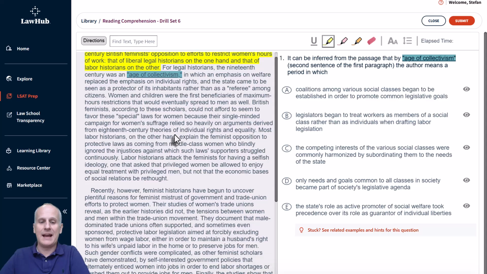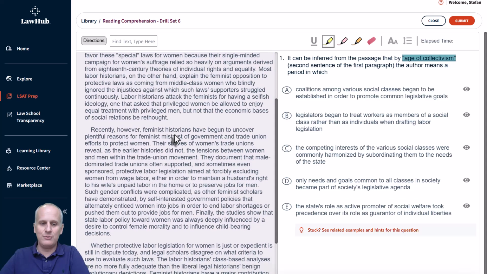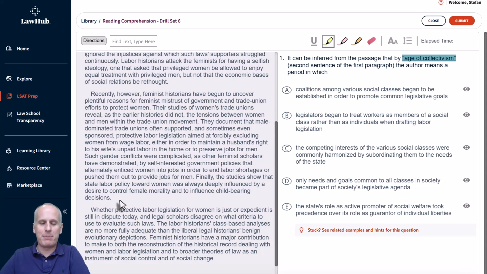That's it. Now we're going to scroll on down to the middle paragraph and pick up at the top. Recently, however, feminist historians have begun to uncover plentiful reasons for feminist mistrust of government and trade union efforts to protect women. Their studies of women's trade unions reveal, as the earlier histories did not, the tensions between women and men within the trade union movement.